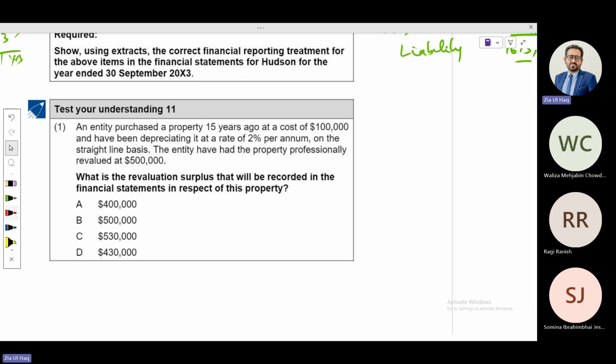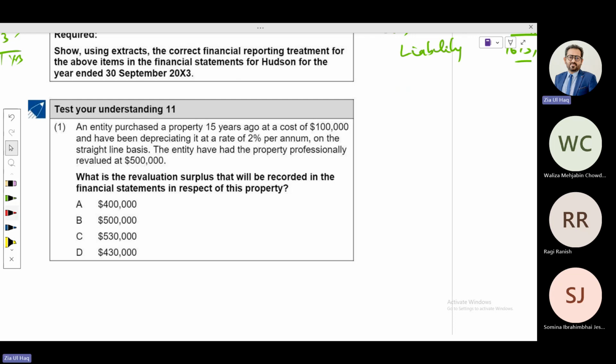The entity has had the property professionally revalued at 500,000. What is the revaluation surplus that will be recorded in the financial statements in respect of this property?